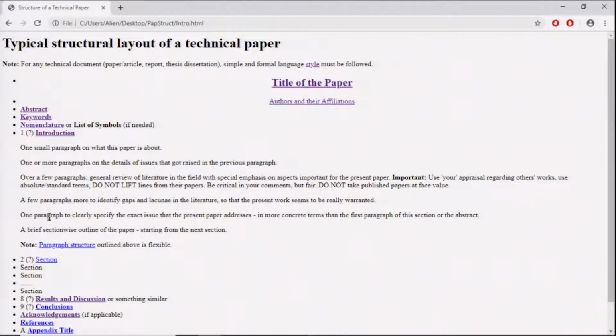And now, you are going to tell that in one small, crisp, clear paragraph that this is the exact thing that you are reporting in this particular paper. Okay? And now, this is put down in more concrete terms than what the first paragraph did.